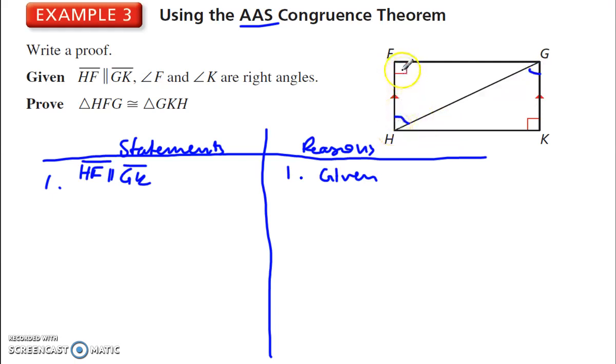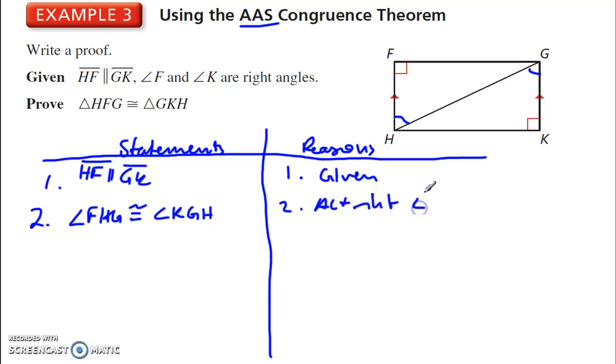I've got an angle, got another angle, and then we're going to use this side right here. So 2, we know that angle FHG is congruent to angle KGH, and that is alternate interior angles.